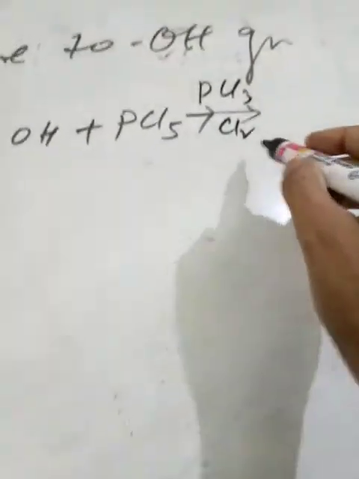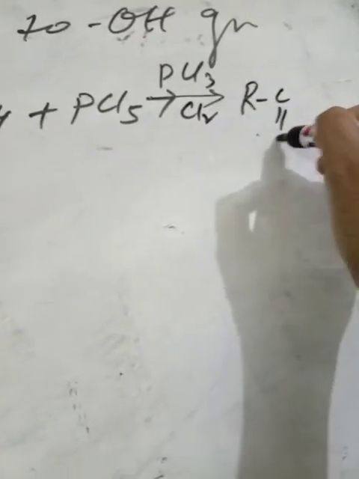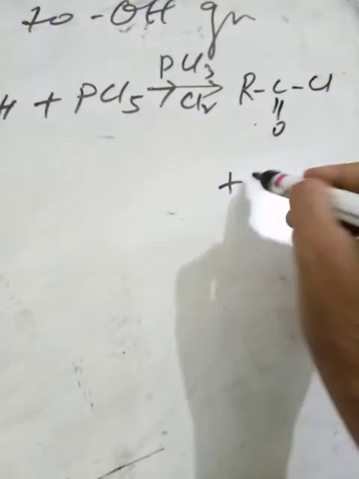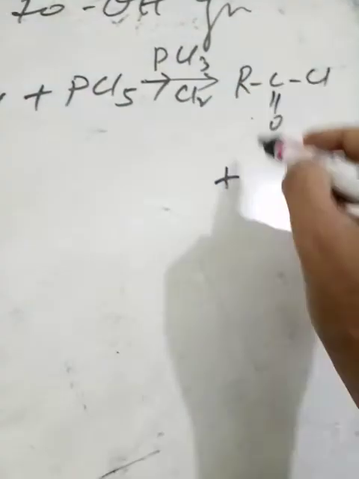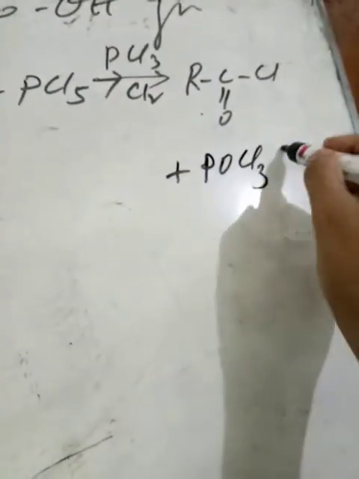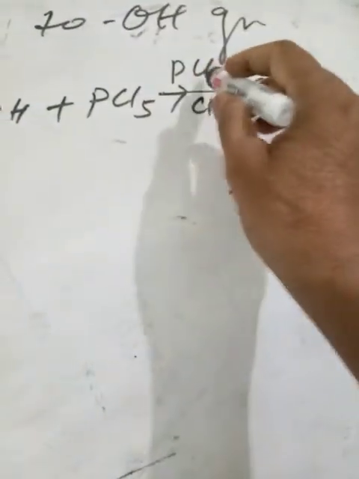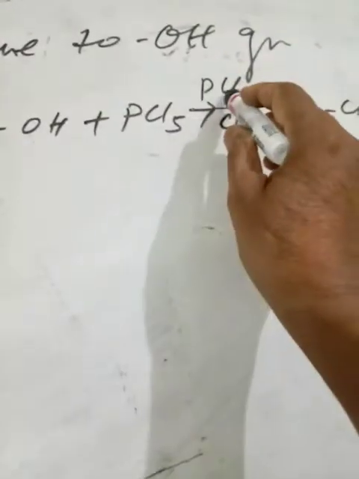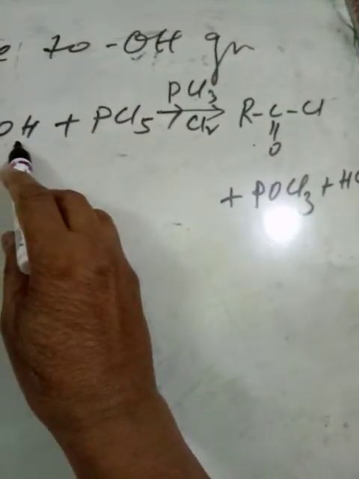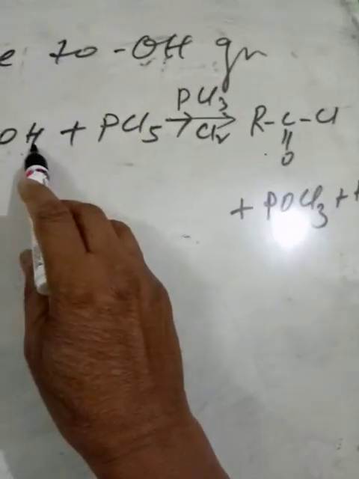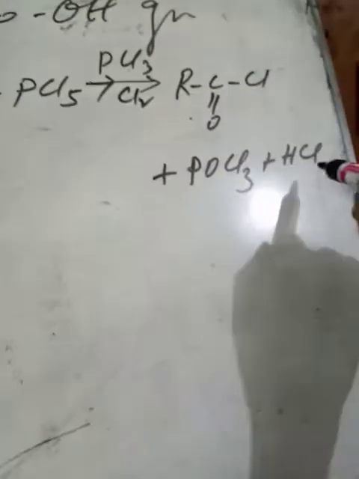Here PCl5 reacts, PCl5 means PCl3 and Cl2. So one Cl will replace the OH group and another Cl will react to form POCl3 and HCl, hydrogen chloride. Oxygen will be attached with PCl3 forming POCl3. One chlorine will replace OH and the rest hydrogen will be attached to the chlorine.